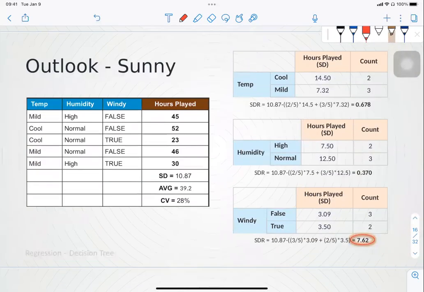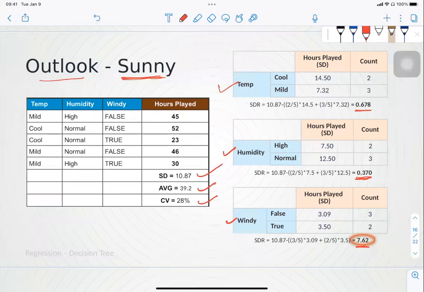After that, we look into each and every subsection. For outlook sunny, we calculate the standard deviation, average, and coefficient of variance, which we already had. Now we'll calculate it with respect to the other columns, that is temperature, humidity, and windy. The standard deviation reductions we get are 0.678, 0.370, and 7.62.